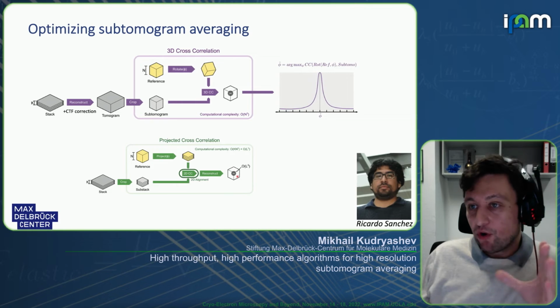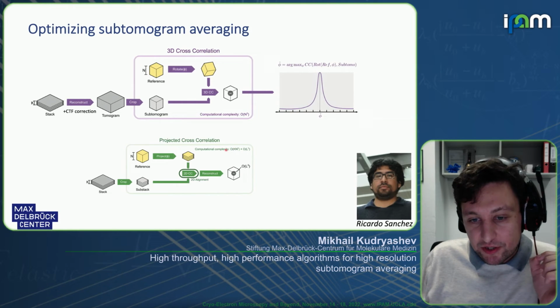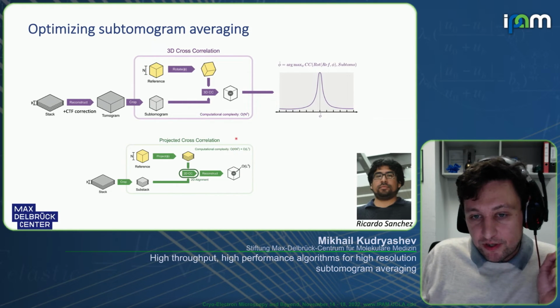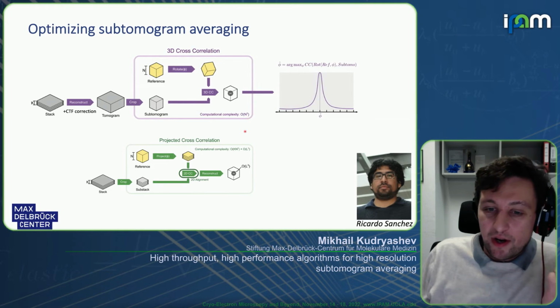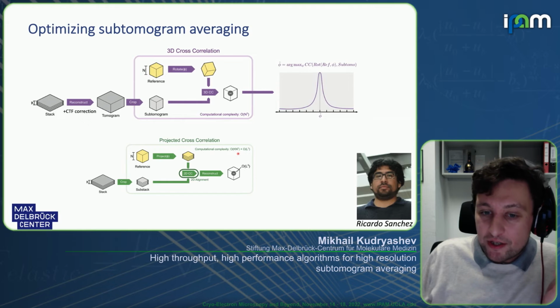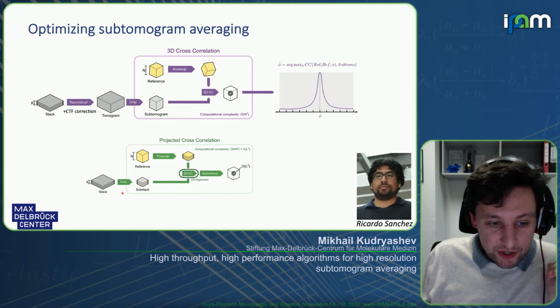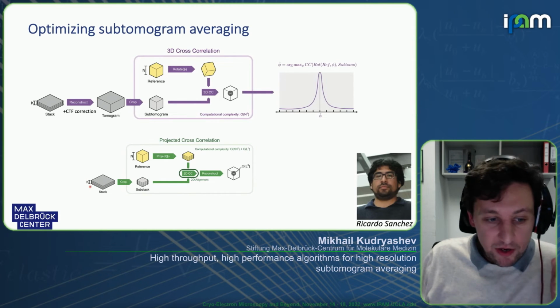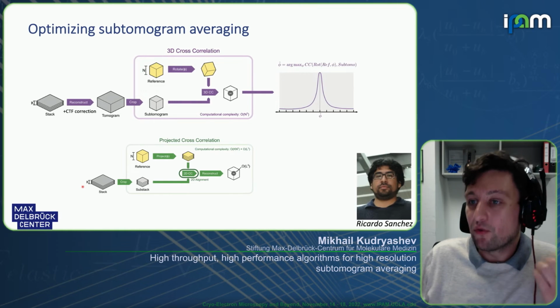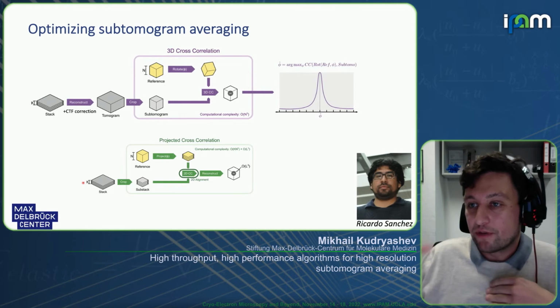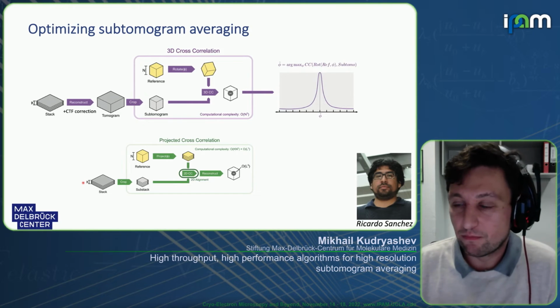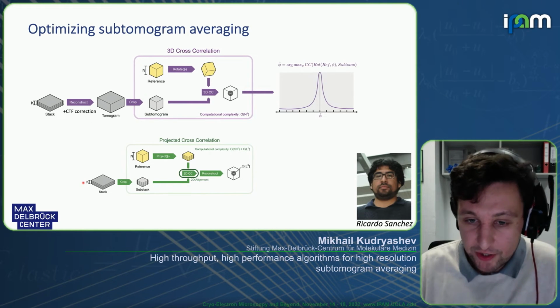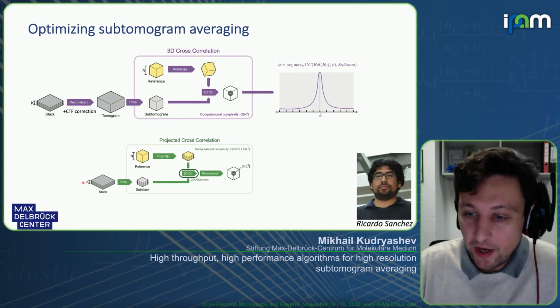So you reconstruct only a smaller part of it, and the computational complexity is proportional not to the third power but to the second power of the box size, times k, the number of projections in the stack. When k is, for example, 40 projections and the size of your box is more than 40, you get a computational speedup.